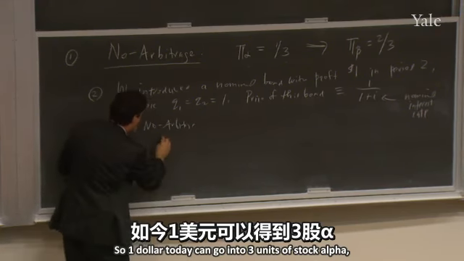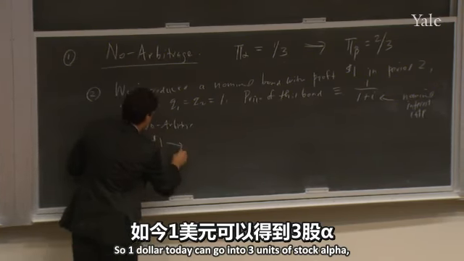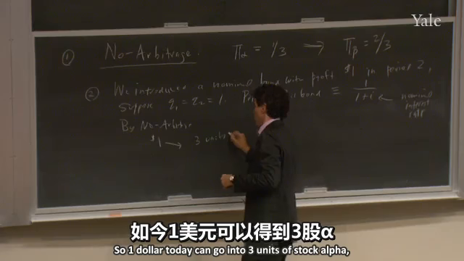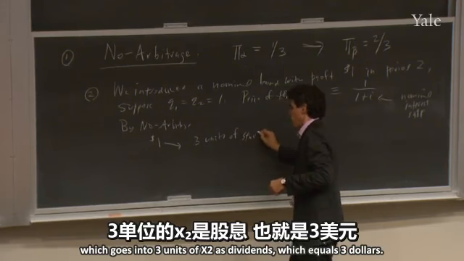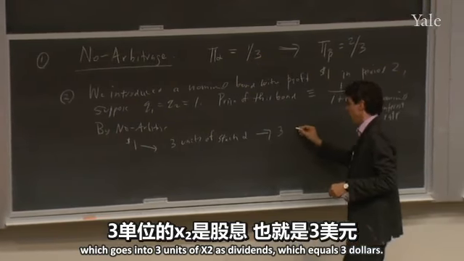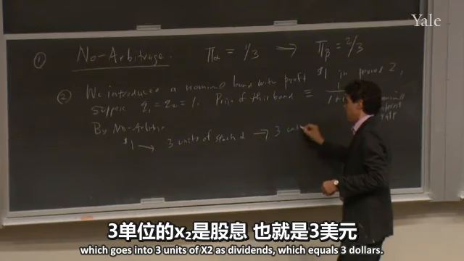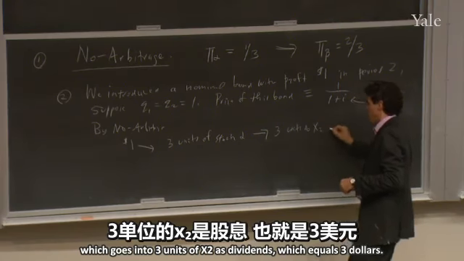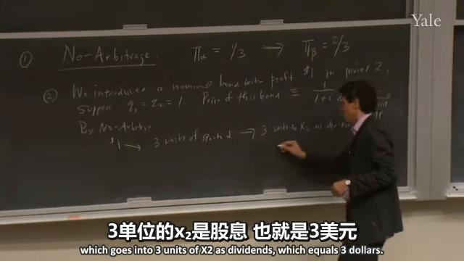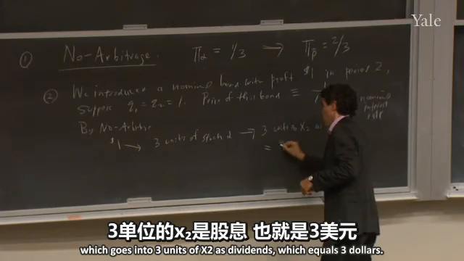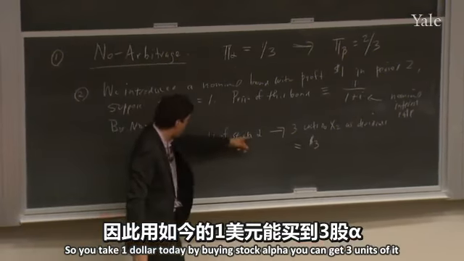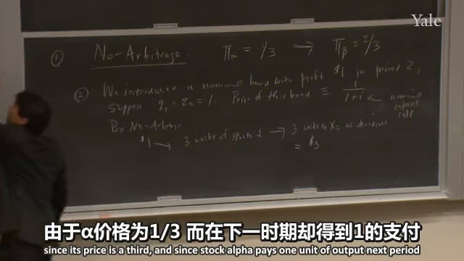Okay, so $1 today can go into 3 units of stock alpha, which goes into 3 units of X2 as dividends, which equals $3. So you take $1 today, and by buying stock alpha, you can get 3 units of it since its price is a third.